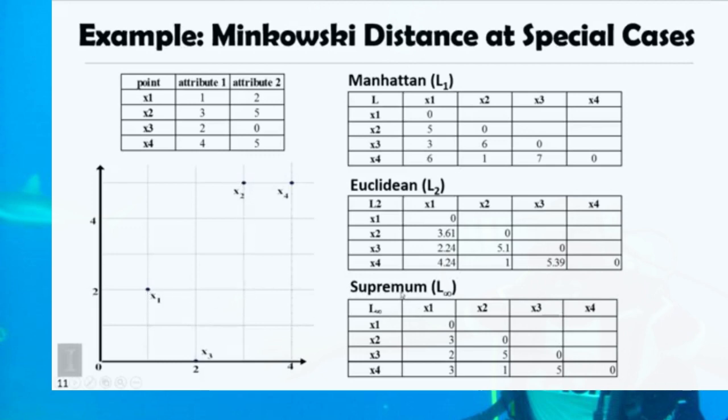But for Supremum distance, you just see which attribute gives the maximum difference. You can see the maximum one is 3 instead of 2. That's why x2 to x1 is 3. So it's pretty easy to compute.